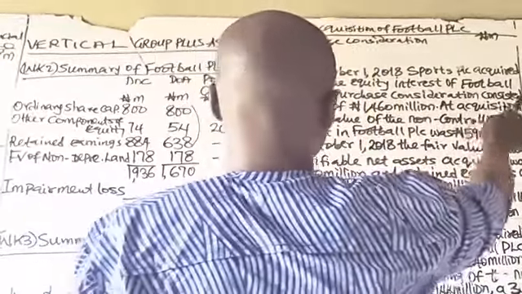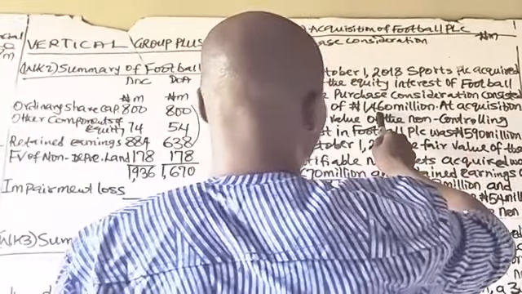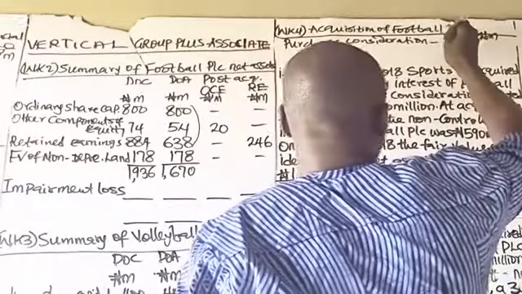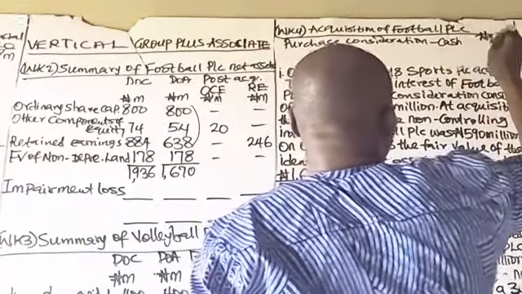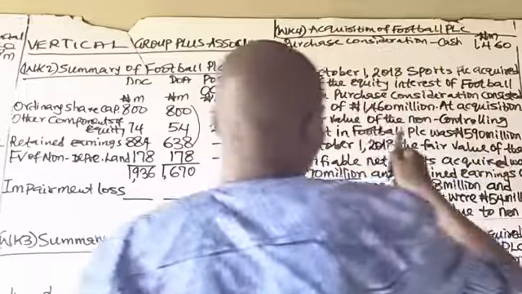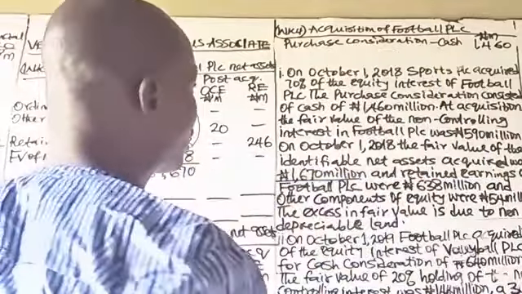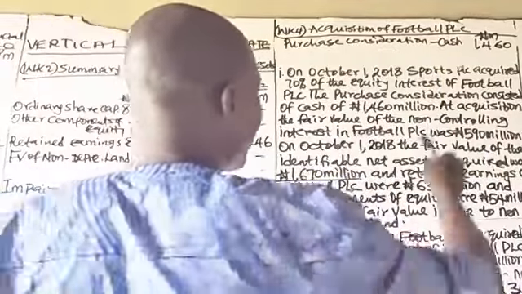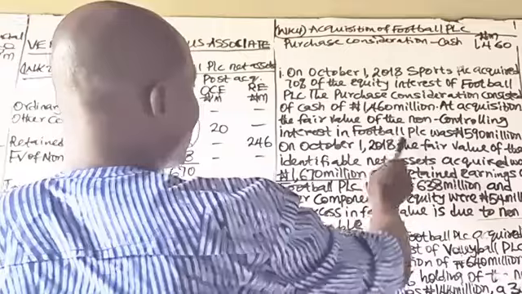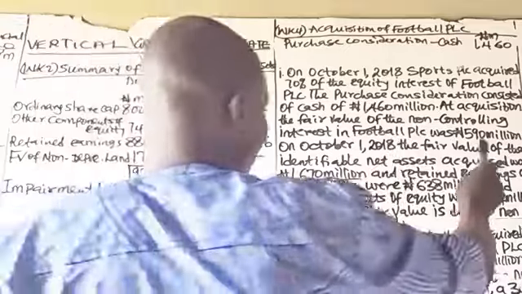The purchase consideration consisted of cash of 1,460,000,000. So we have cash consideration 1,460. That is the cash consideration. At acquisition, the fair value of the non-controlling interest in Football PLC was 590 million.